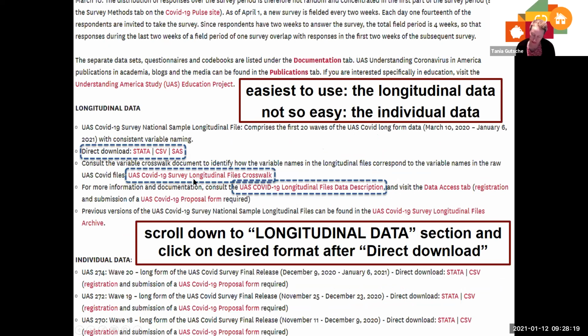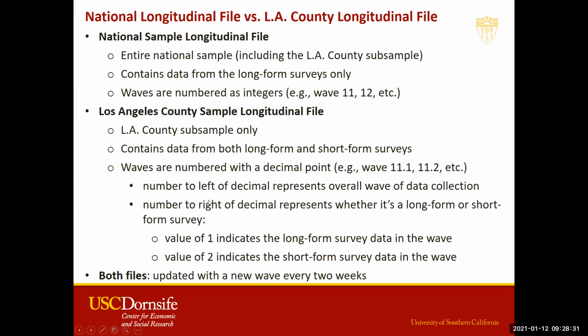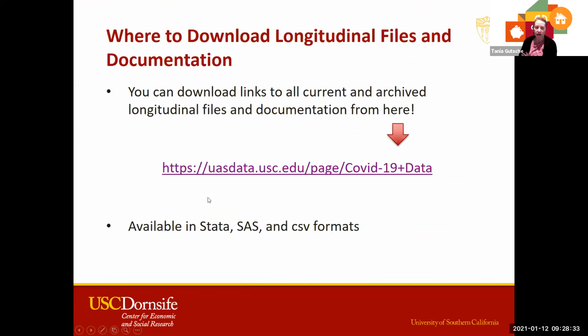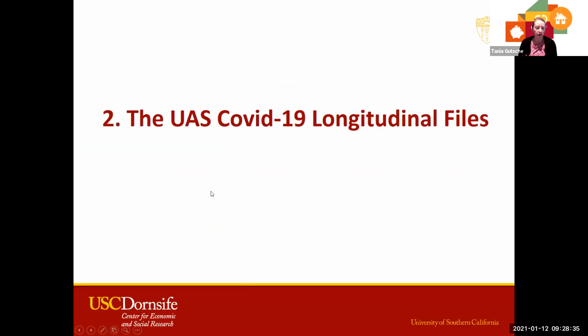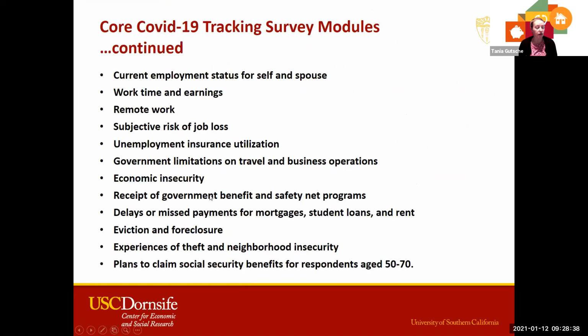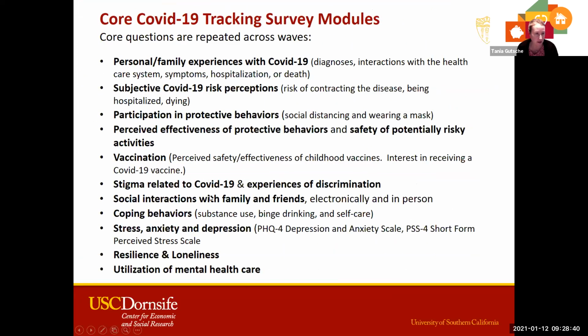Okay. And also, will you go back to the slide with all the different types of questions? I think it was in the very beginning. The topics? Yeah, the topics, because all of these we can also search in the UAS data pages as well, right? You can search for the word vaccine, if you don't know these different topics.